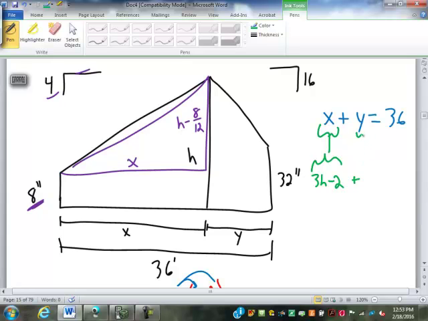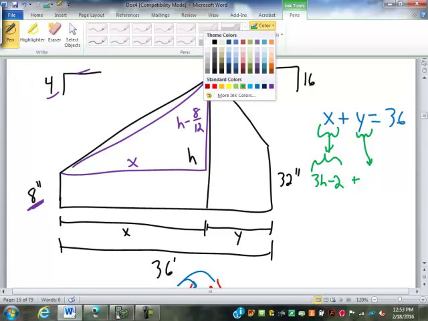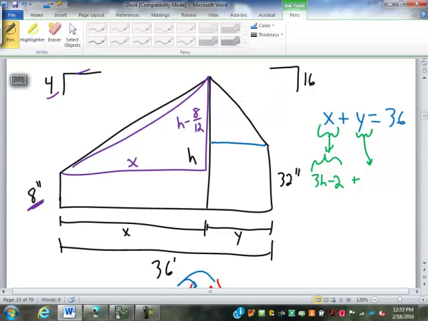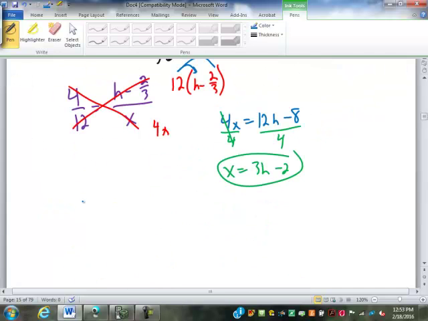Plus, now we got to figure out what y is going to become. So over here, this is y, this is h minus 32 over 12. So we've got 16 over 12 equals h minus 32 over 12 over y.